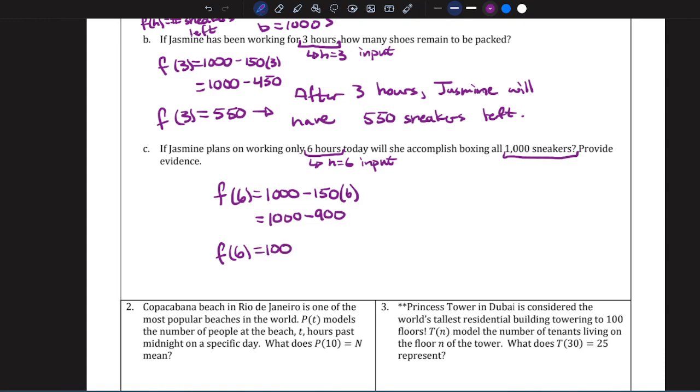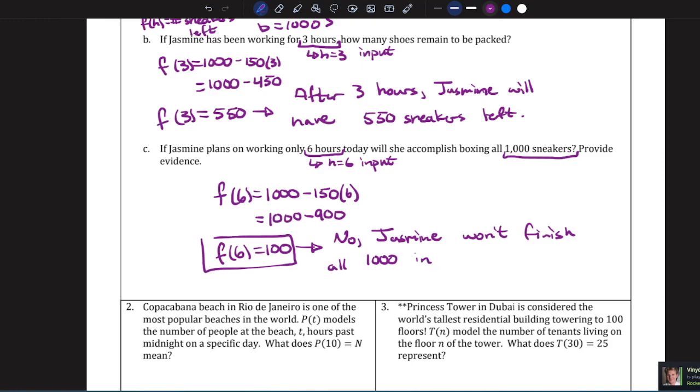And so from this right here, what this tells me is, well, no. Jasmine won't finish all 1,000 in 6 hours, right? We can see right here, she's actually only making it through 900.